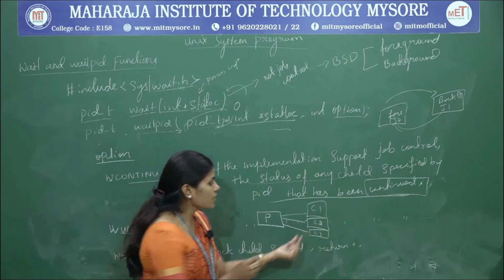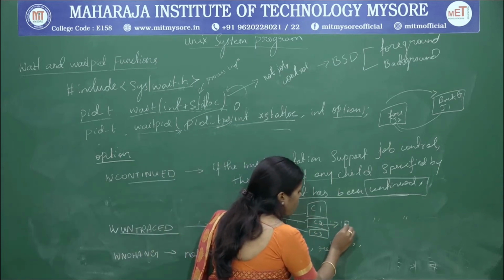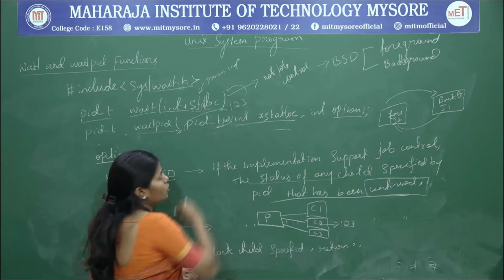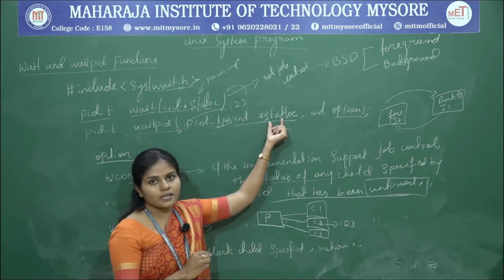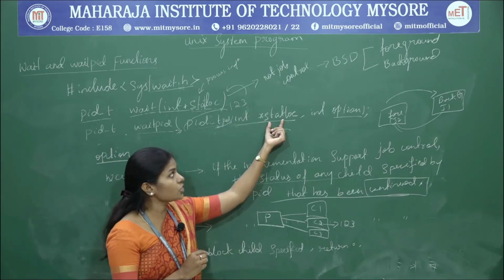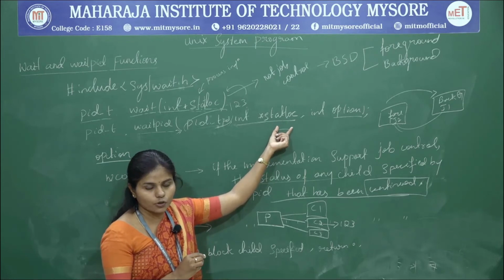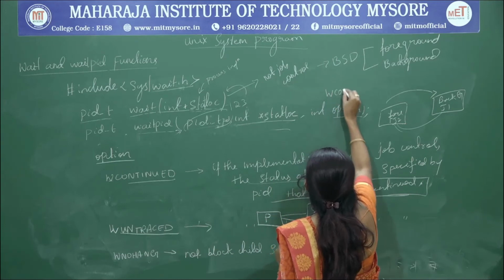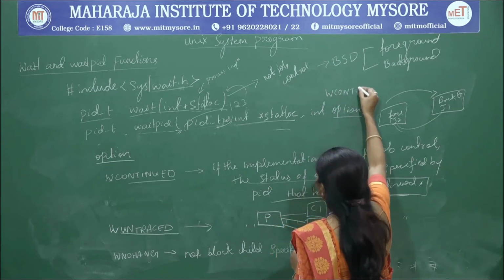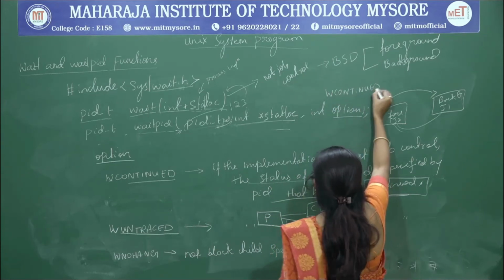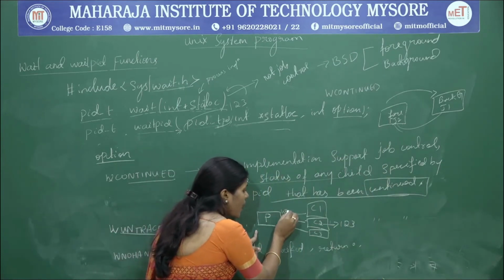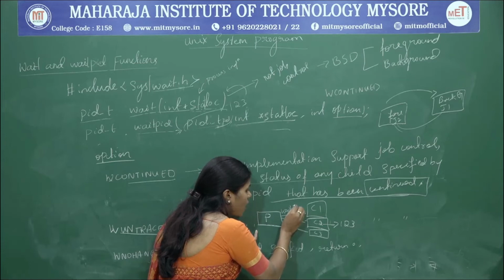So in that case it is going to specify the PID of child 2. Then the termination status location it is going to give. In the options it is going to specify WCONTINUED. So in that case the parent is going to call the waitpid function with those arguments.